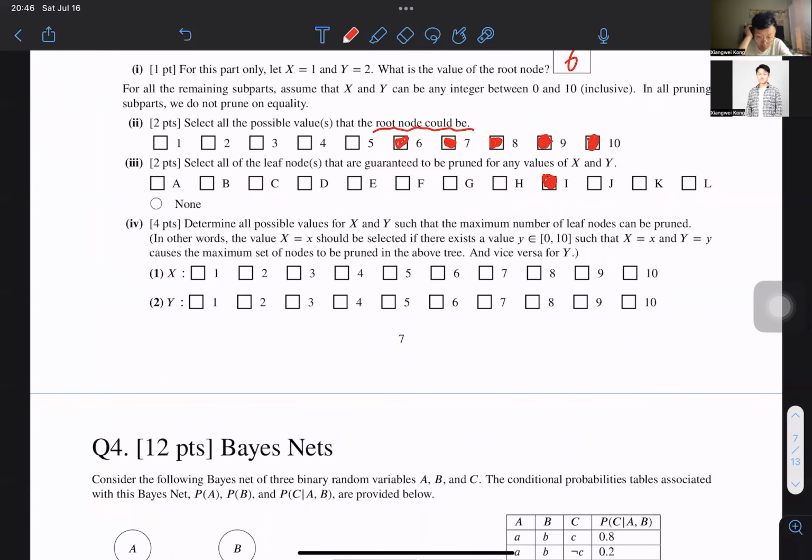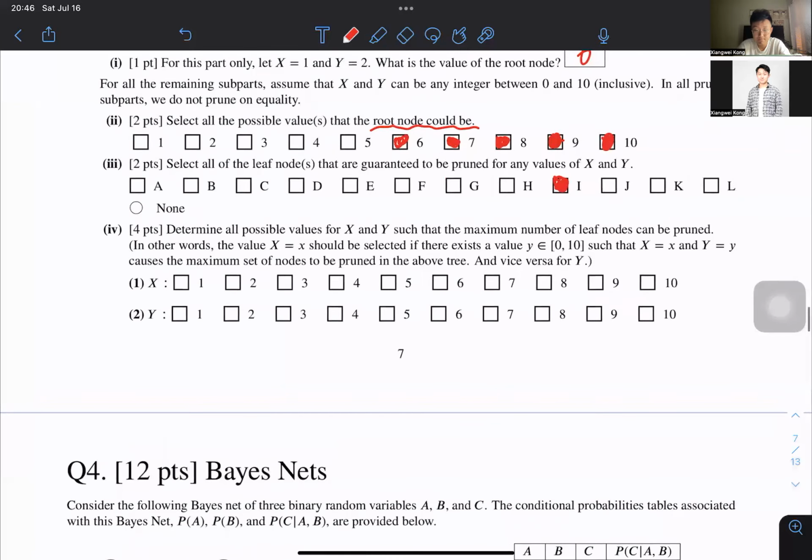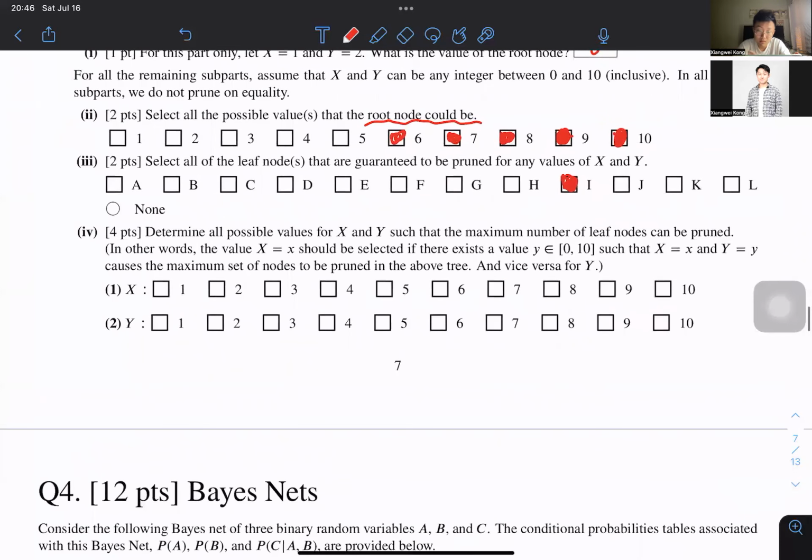The last question says we want to determine all possible values for X and Y such that the maximum number of leaf nodes can be pruned.